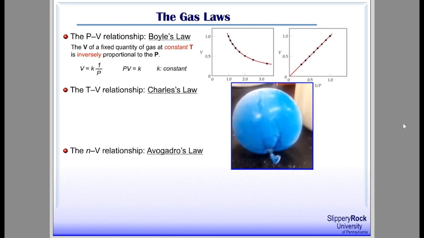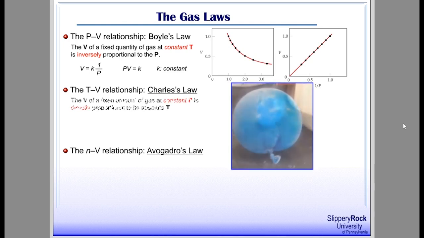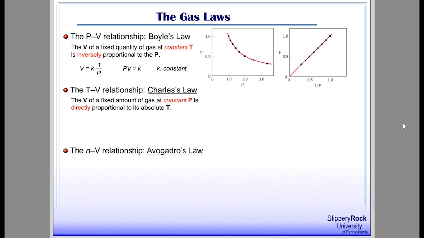This leads to Charles' law, stating the volume of a fixed amount of gas at constant pressure is directly proportional to its absolute temperature. This can be expressed mathematically. V equals k times T, or V over T equals k. Take a note that the lowercase k represents a proportionality constant.